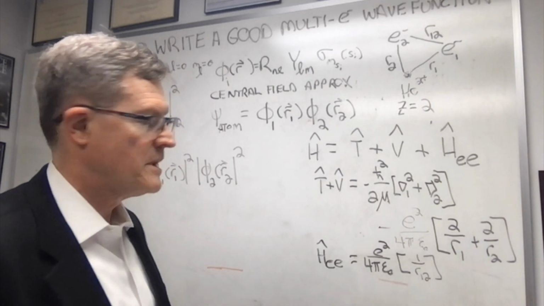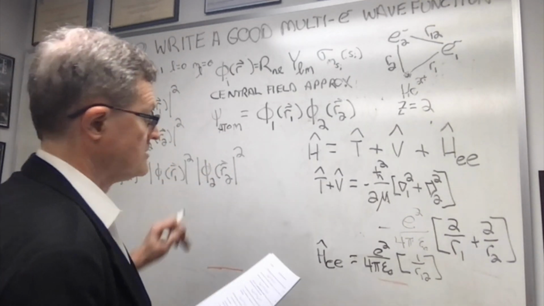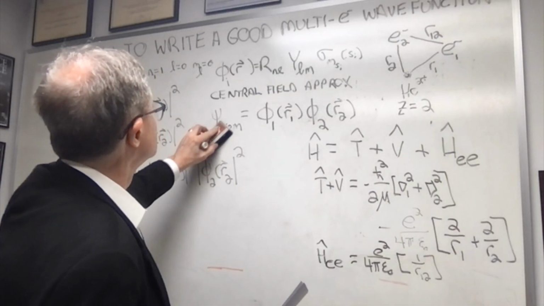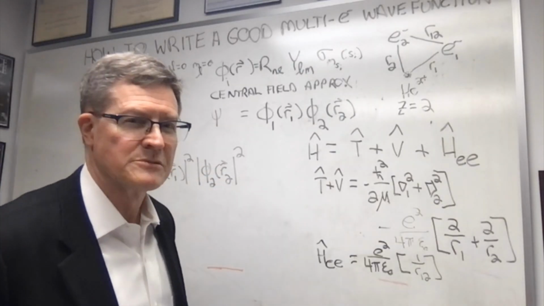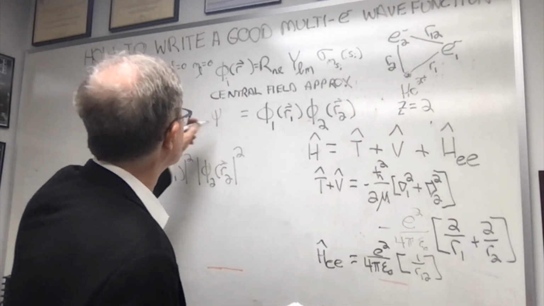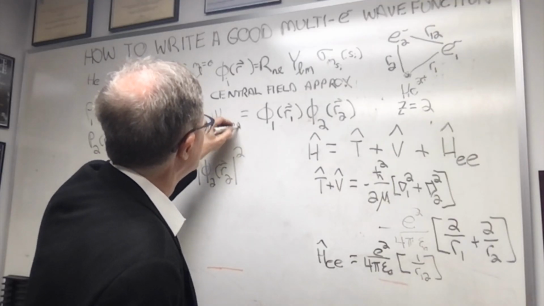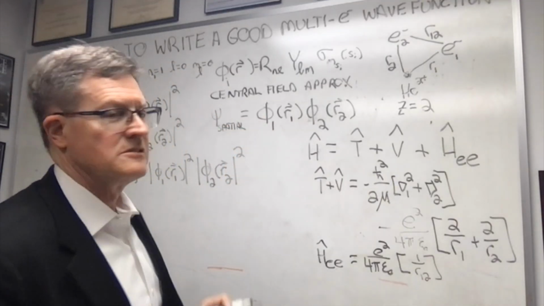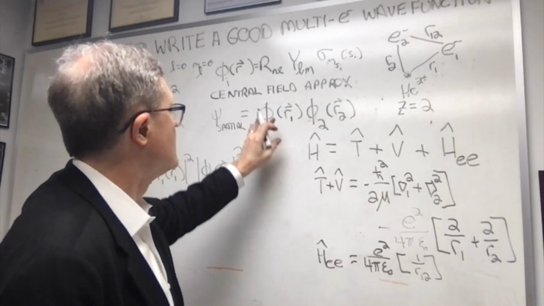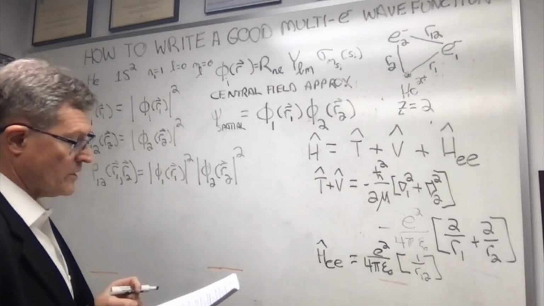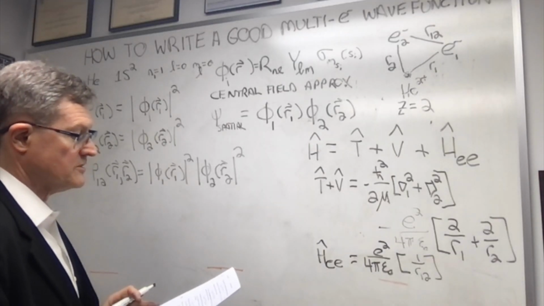Okay, so now we're going to make this spatial part of the wave function. Let's call this the spatial part, because eventually the whole atom is going to have a spatial and a spin part. So the spatial part of the wave function looks like the product of 2 spatial wave functions, one describing the probability distribution of each one.